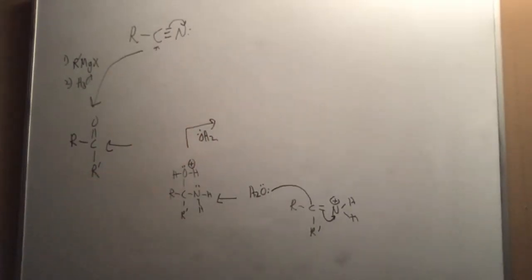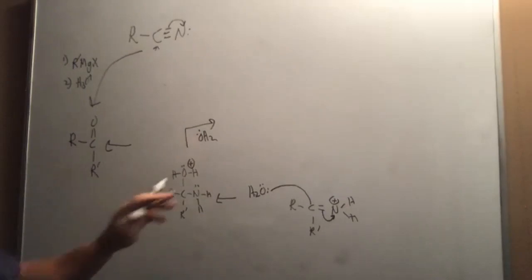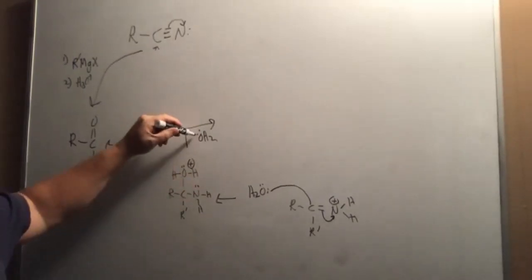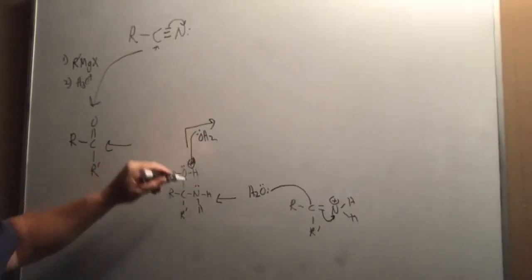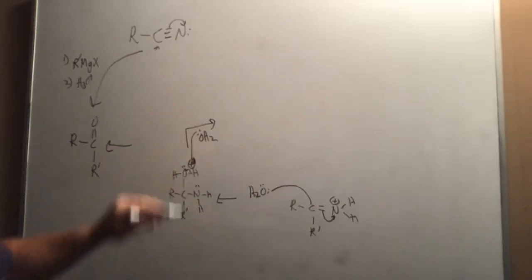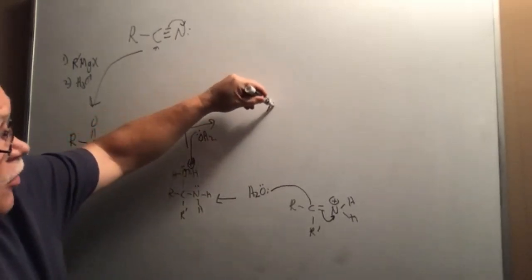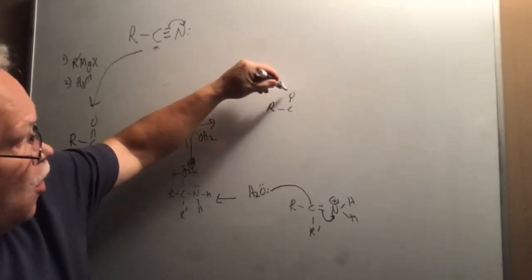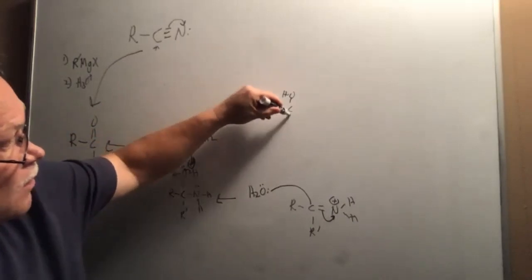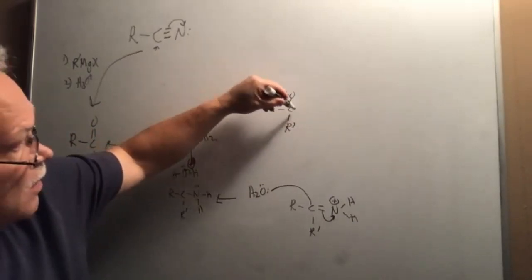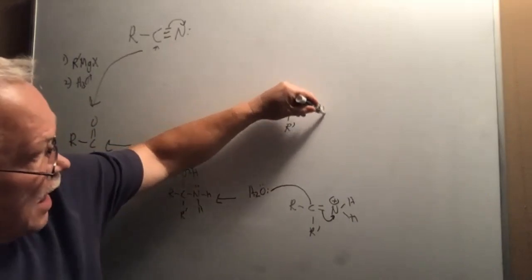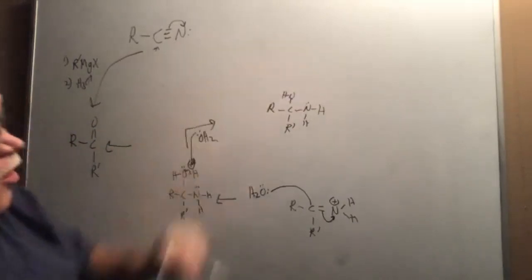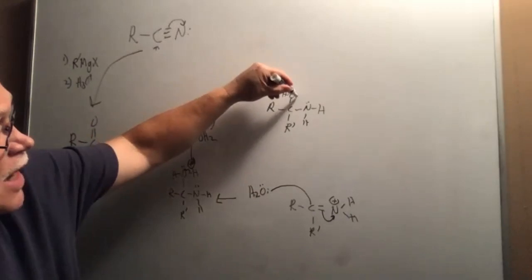Now, what this water is going to do is deprotonate this. So it's going to come in here and pull off one of those hydrogens. Now notice what this product now looks like. R, C, O, H, R prime, N, H, H with a lone pair. Two lone pairs on that oxygen.